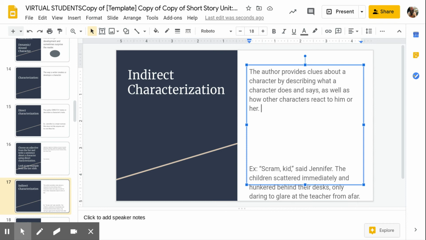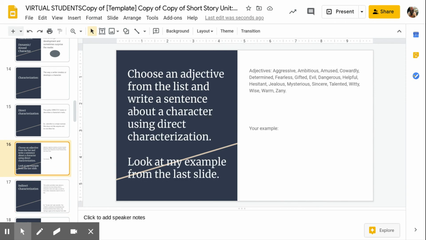We're not coming out and saying he's a slob or anything like that. They're just giving you clues that you all have to think about, and then you all come up with that realization. It's just not directly stated. So that's the difference between direct and indirect. I hope that makes sense. But if it doesn't, you can just shoot me an email sometime.